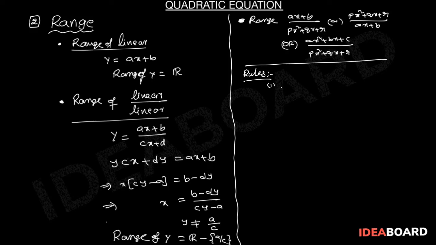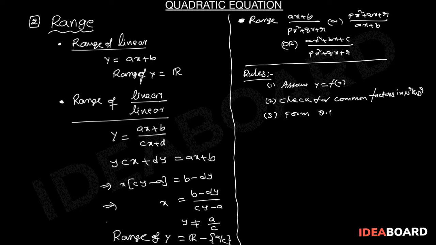First one, assume y equal to the given function. Second one, check for common factors in numerator and denominator. Third one, form a quadratic equation. Fourth one, apply delta greater than or equal to 0 since x is real.